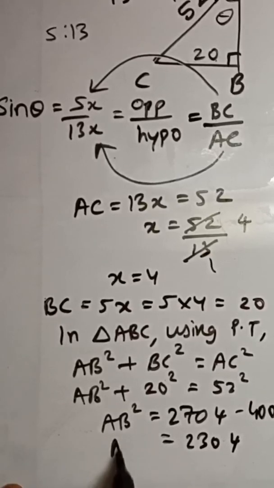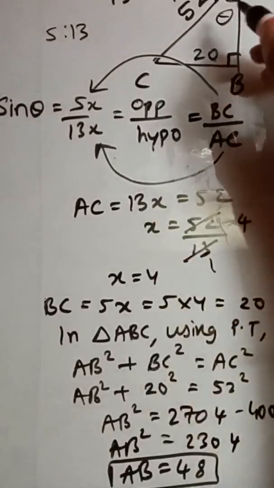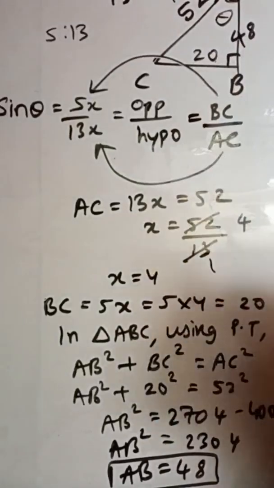Okay, AB square is equal to 2304. That means AB is equal to 48. When you take the square root of 2304, it is 48. So I am getting this third side AB, which was unknown, as 48.